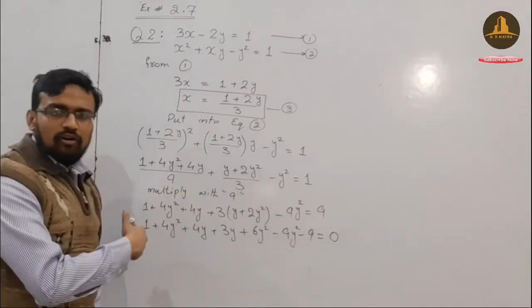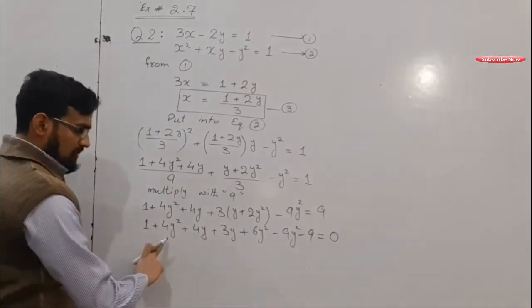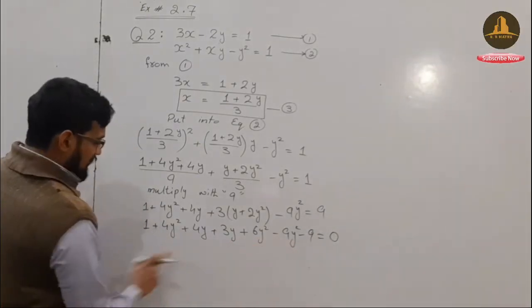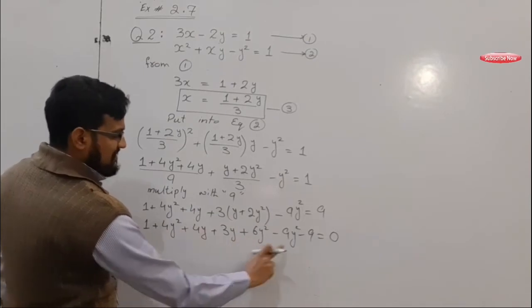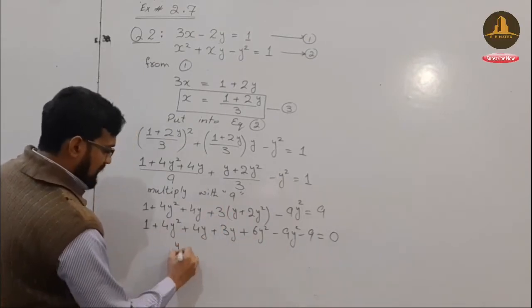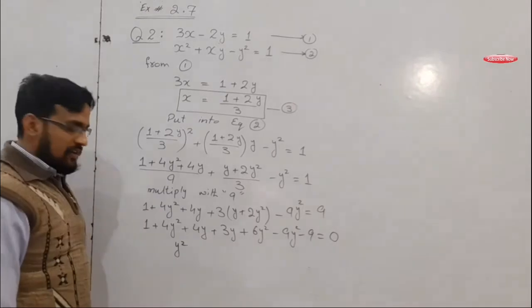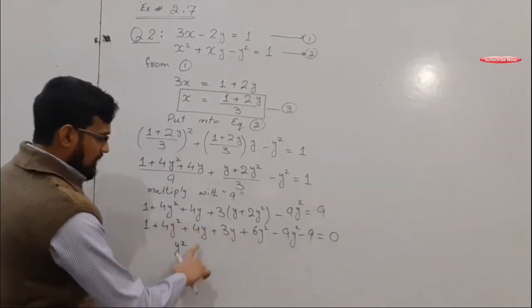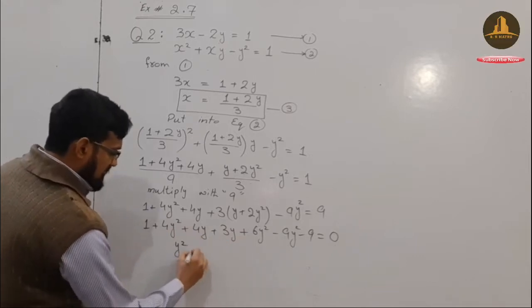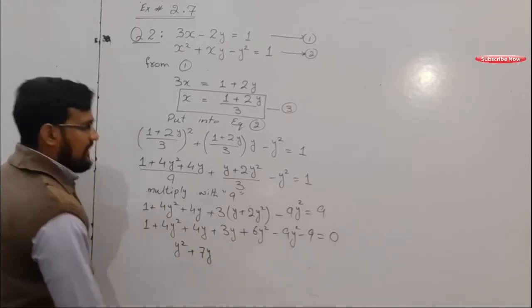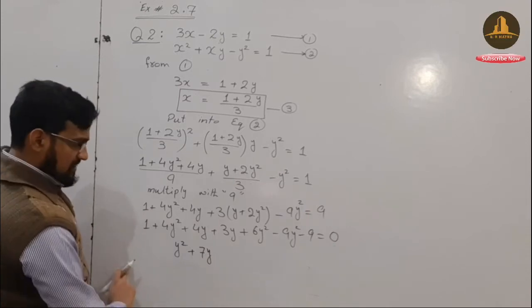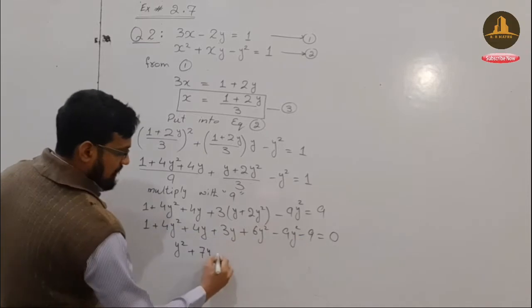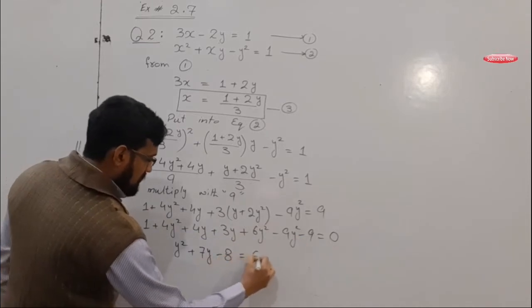So separate all values: y square terms, 4 plus 6 minus 9, it means 1y square. Similarly y and y, 4 plus 3, 7y, and last is 1 minus 9, it becomes minus 8.